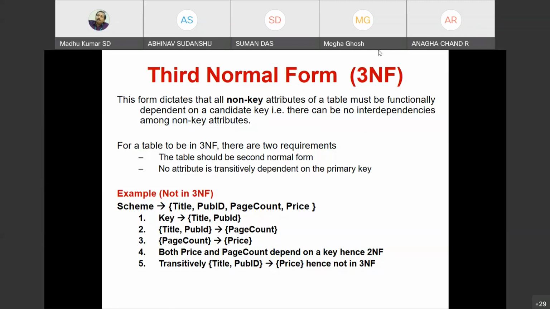Don't try to play around. Abhijit? Now transitive dependency of what? Now transitive dependency means what? Abhijit?